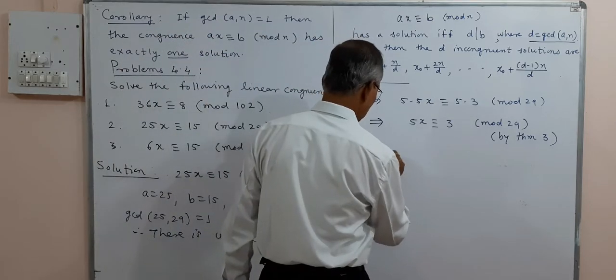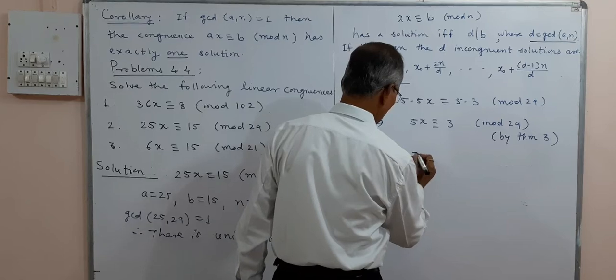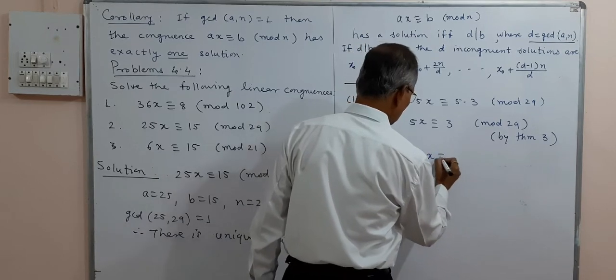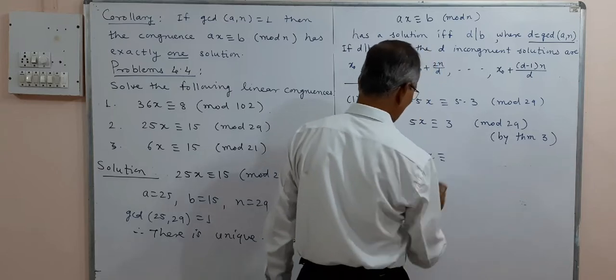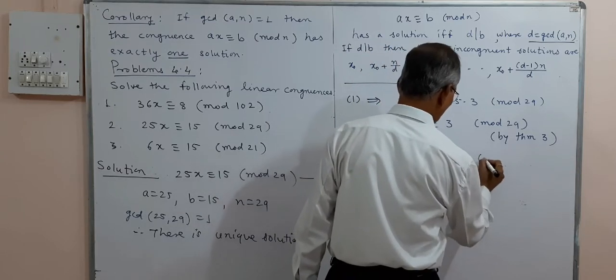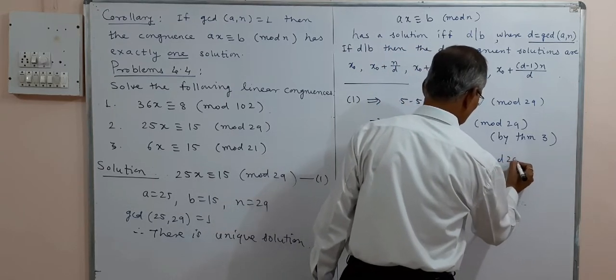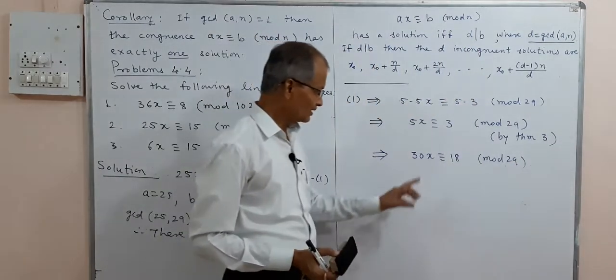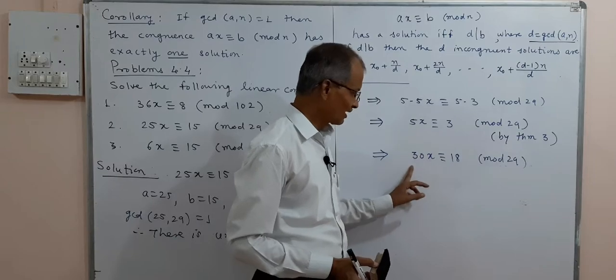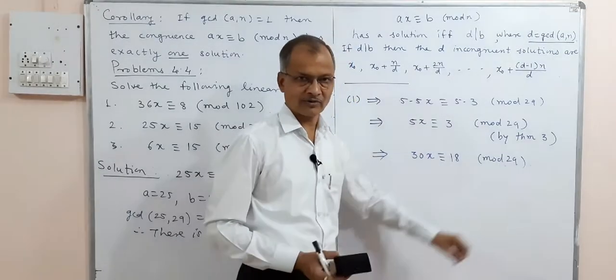So this implies 30x is congruent to 18 modulo 29, multiplying by 6 on both sides. Why multiplied by 6? Because now 30 directly reduces to 1 under modulo 29.